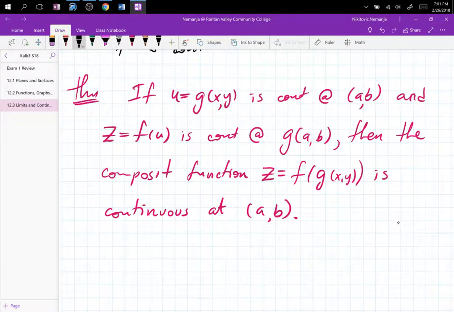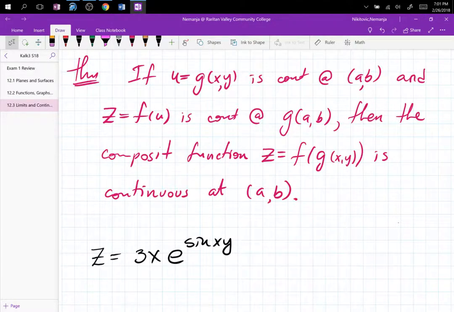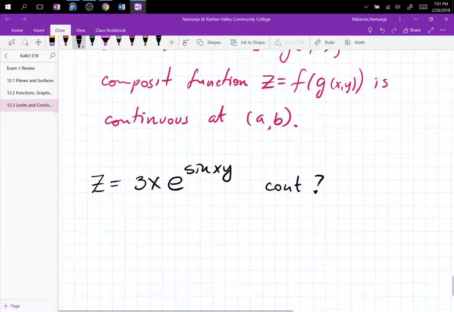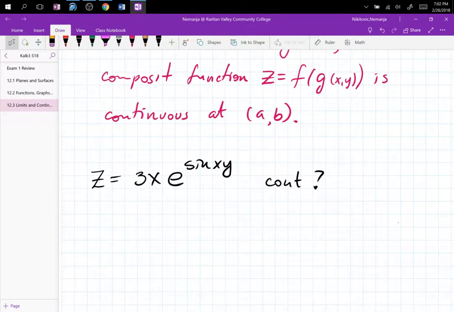So, a cool question, especially for donors and so on, but everyone, not a big deal. Say you have z equal to 3x e to the sine xy. Is this continuous? Well, the answer is yes, because all of the stars aligned over here.